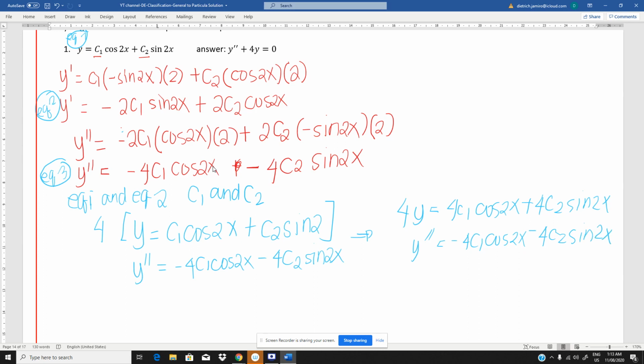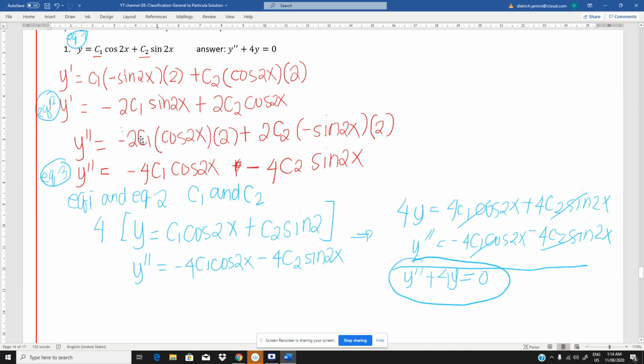As you can see, when we add both equations, we will have y double prime plus 4y, and negative 4c1 cosine 2x plus 4c1 cosine 2x cancels out. Then negative 4c2 sine 2x and 4c2 sine 2x also cancel out. So we arrive at equal to 0. So that's the answer.